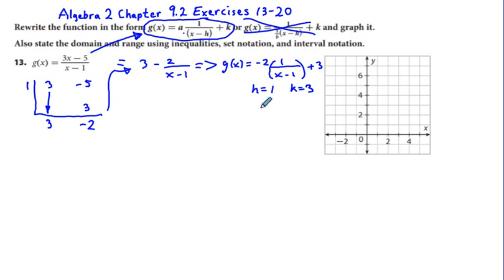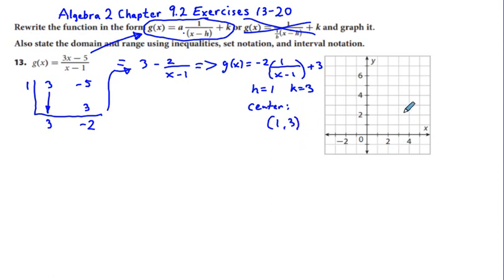So for this situation, the center, which we're going to use to graph this rational function, is going to be the point h comma k, which is going to be 1 comma 3.